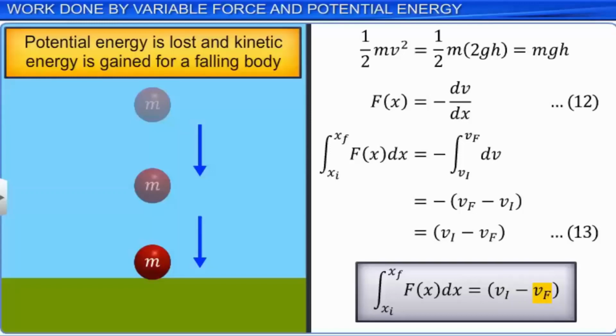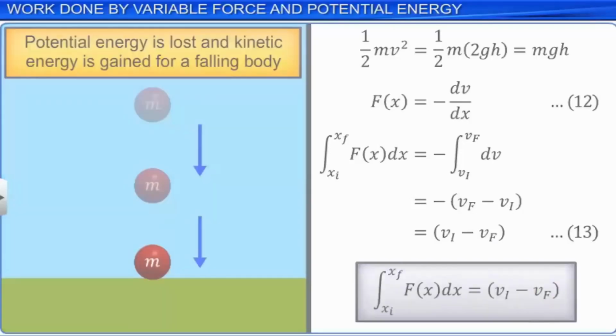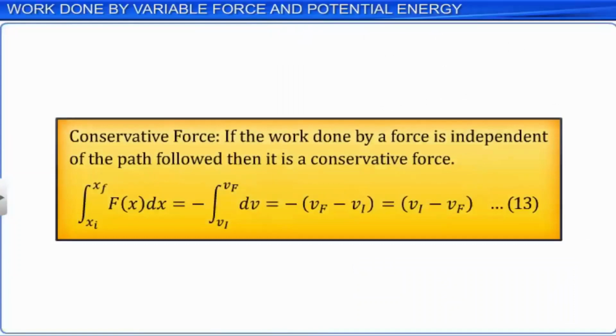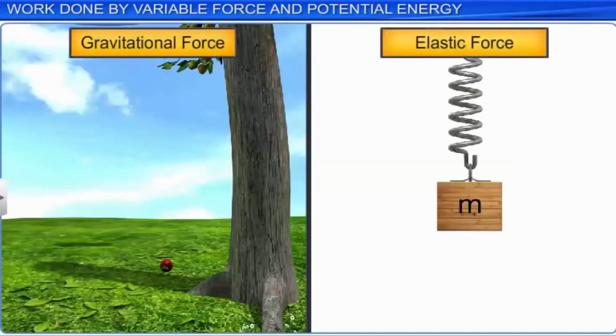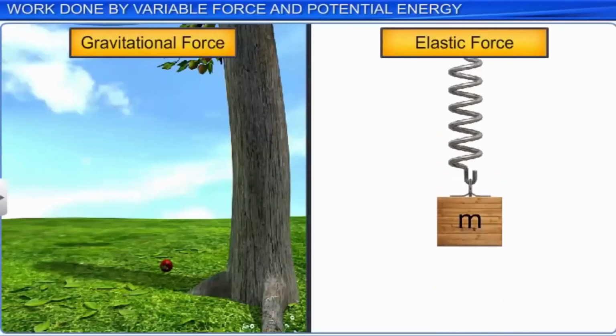By definition, if the work done by a force is independent of the path followed, then it is a conservative force. Such a force is characterized by equation 13. Gravitational force and elastic force, in the case of a stretched spring, etc., are examples of conservative forces.